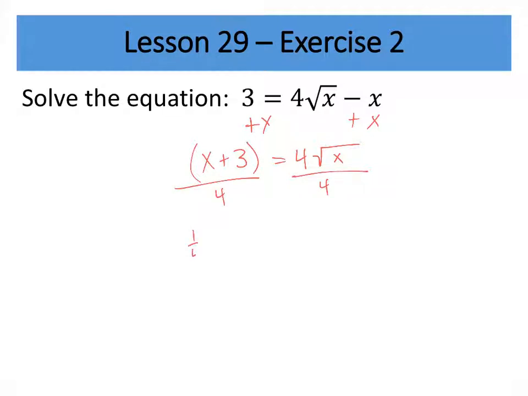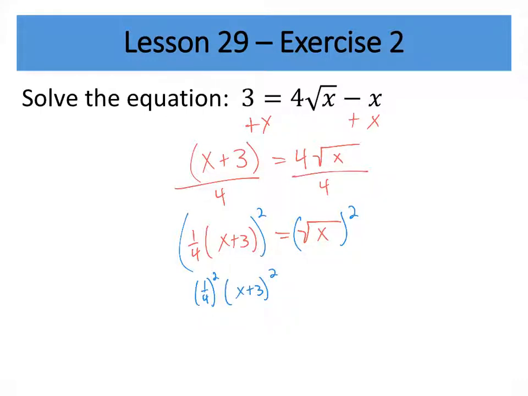So 1/4 times x plus 3 is equal to the square root of x. So I square both sides. Maybe it's better if I square it like this, where I do 1/4 squared times x plus 3 squared equals x. That might make it a little bit nicer, actually.